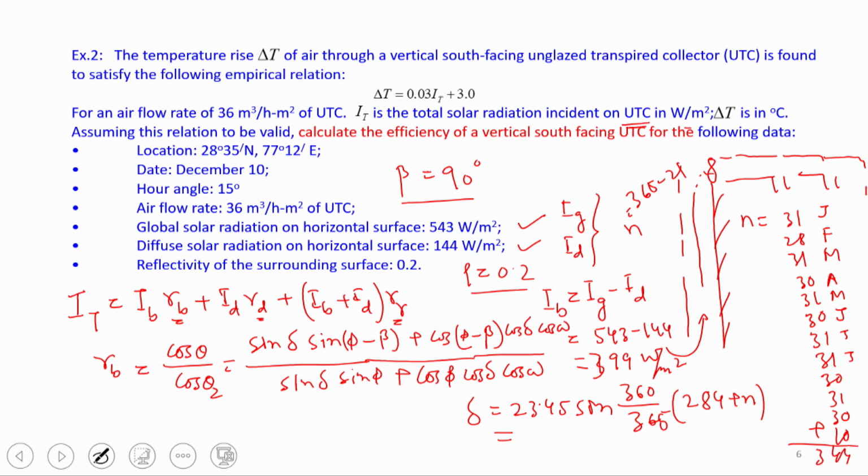And already you know what happens in equinox days and solstice. So that will give you information. So what could be the values of delta? You do not have to do so precise a calculation actually, sometimes you can find out.